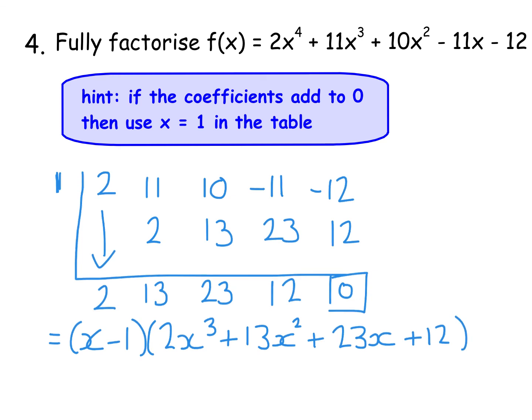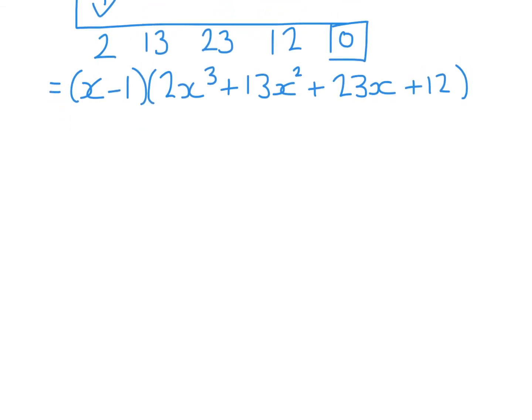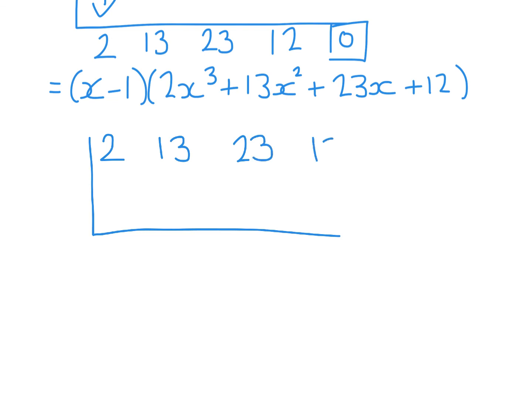Now, I can't factorise 2x cubed very easily, but what I can do is I can go do another nested table using that polynomial. So, let's draw out a new table. And we're going to put in 2, 13, 23 and 12.